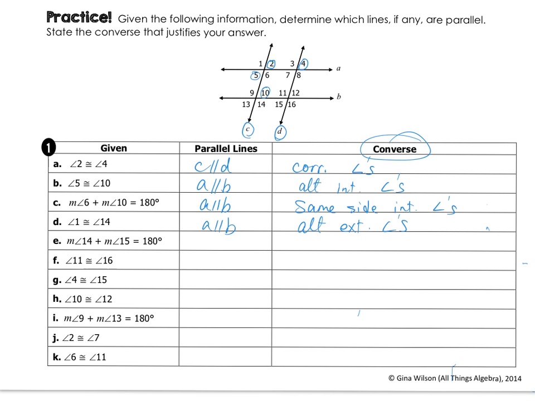And finally, 14 and 16, if you look at it sideways almost, they're on the same side of transversal B, so they're proving C and D are parallel because they are same side interior angles. So pause the video, finish the rest of the reasonings and the identification of the converse. And if you have questions, make sure that you ask in class or just find your teachers during off hours.